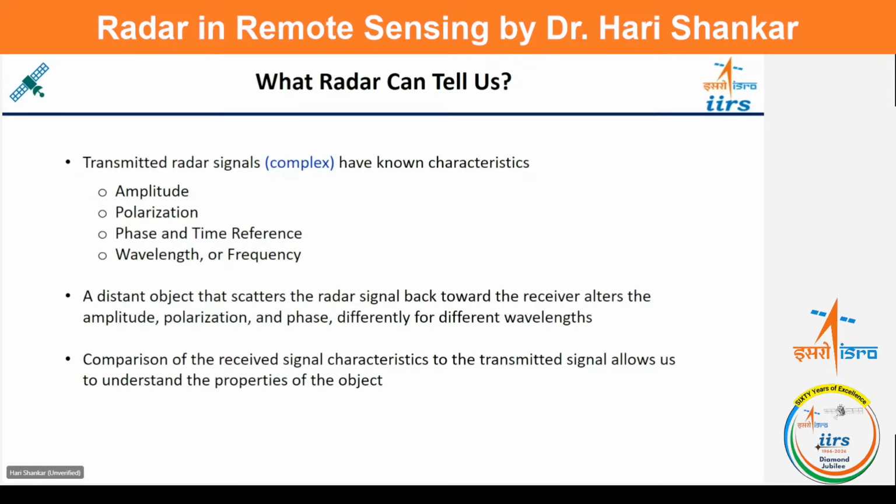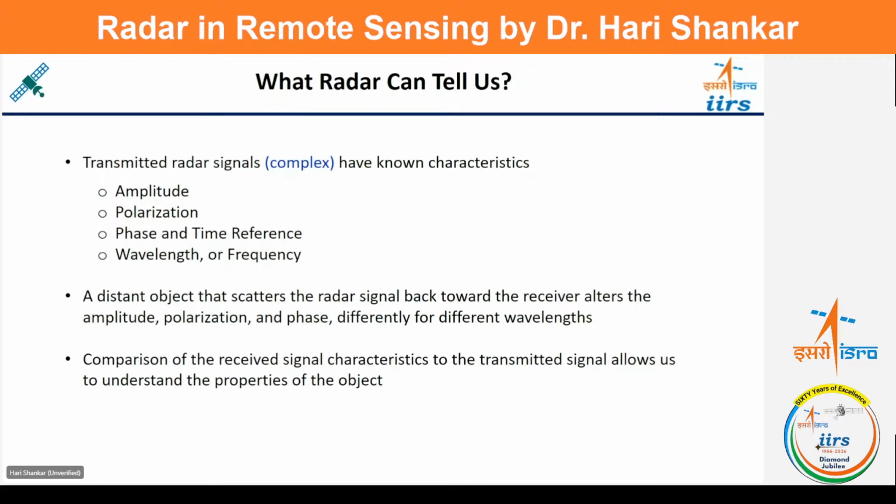So here you can see the transmitted signal and the received signal of the radars can be characterized in terms of amplitude, polarization, phase and time difference, and the wavelength or the frequency. Wavelength is also one of the important parameters of the SAR signals.